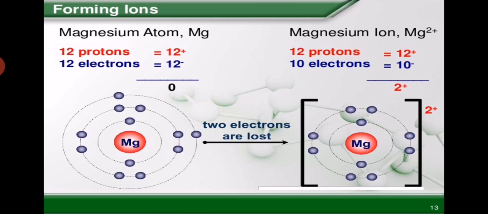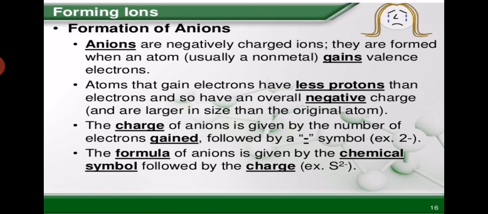See this picture. You have to know how the electrons are lost, and after losing the electrons, the magnesium atom becomes a magnesium ion, that is Mg2+.